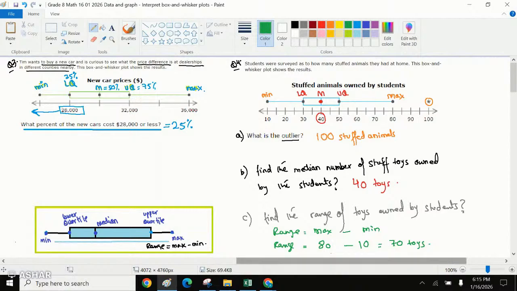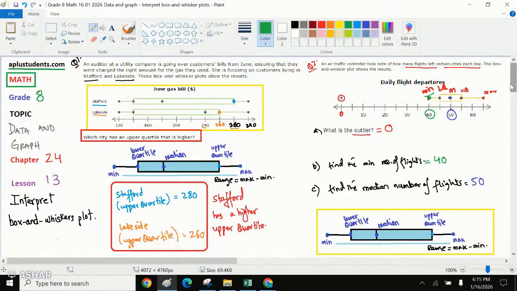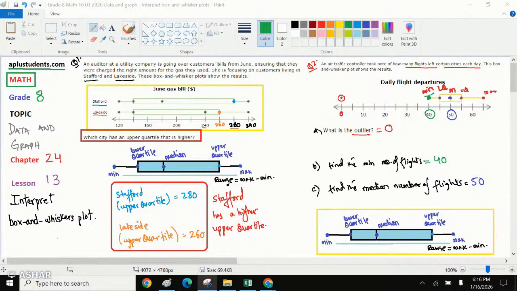Okay. Let's see the next question. What are they asking us? In the next question, they're again comparing two values together. I'll just copy the question. A store with branches in Clarksville and Believe asked customers about their household annual clothing budget.